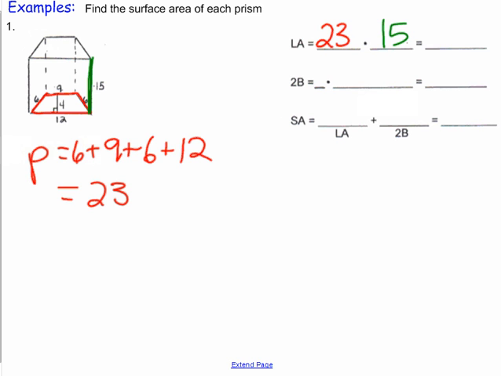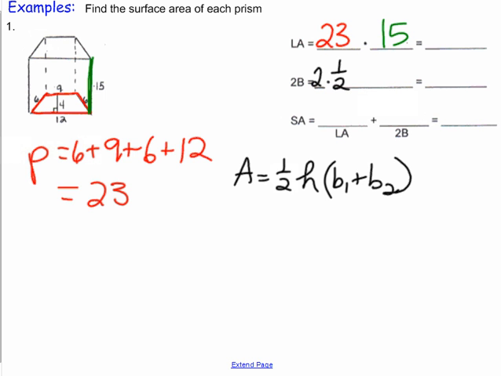The height is always the distance between the two bases. So the two bases are, of course, trapezoids. So now we have to figure out the area of a trapezoid. Well, remember the formula for the area of a trapezoid. It's back again. 1/2 of the height times the sum of the bases. So we say 2 times 1/2.